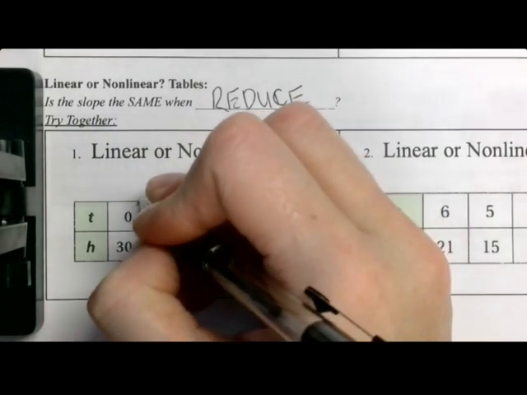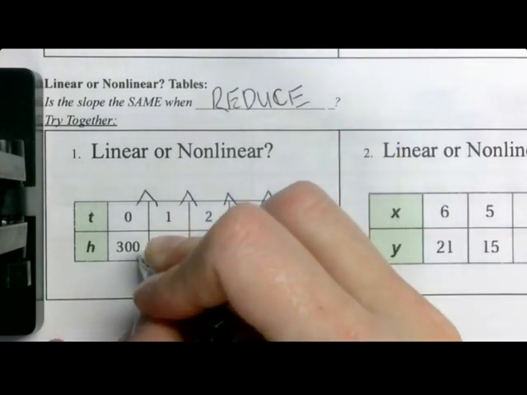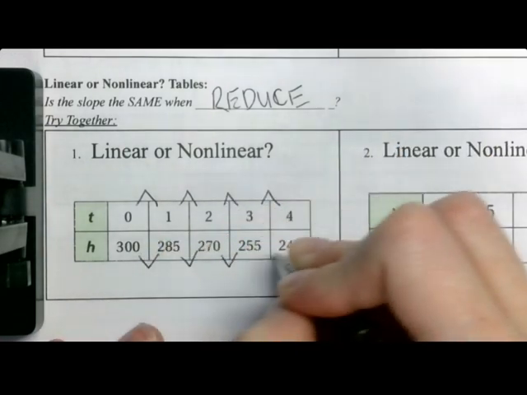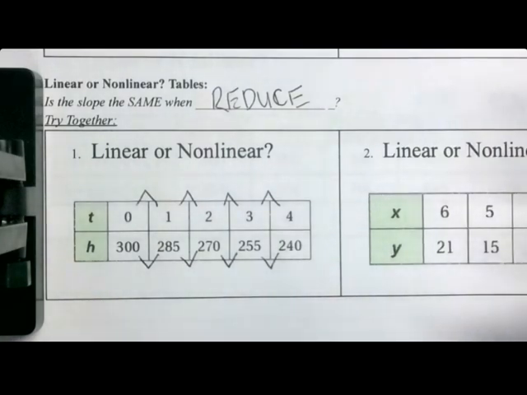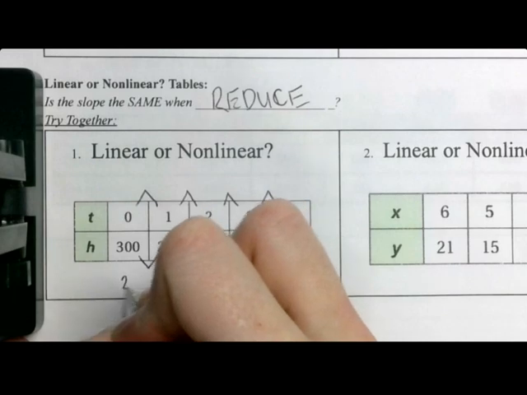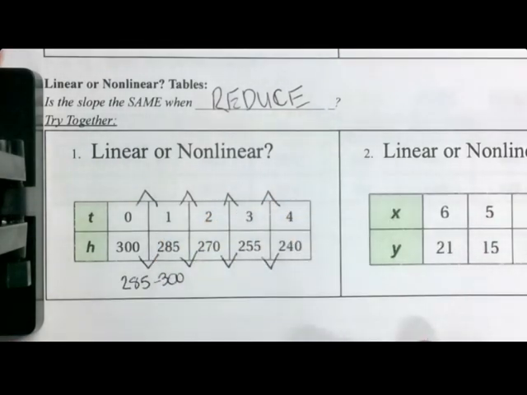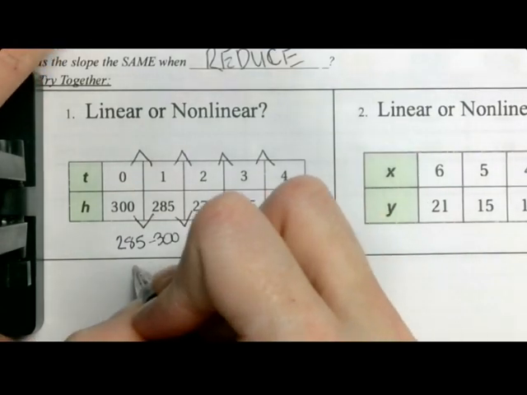So this is your y2 minus y1, but it's kind of like a lot of y2s minus y1. So I'm going to do 285 minus 300. What's that give me? Negative 15.